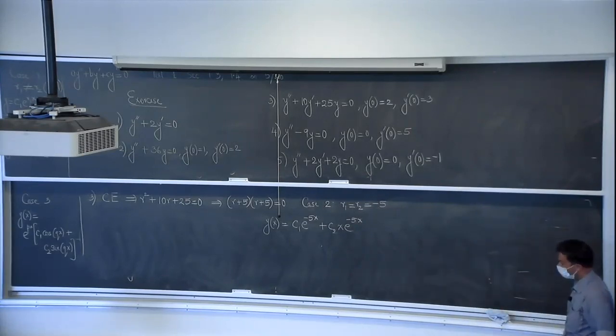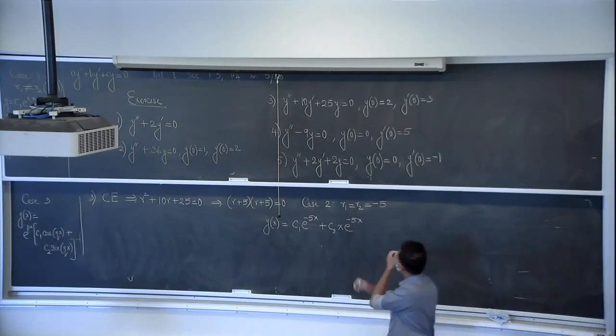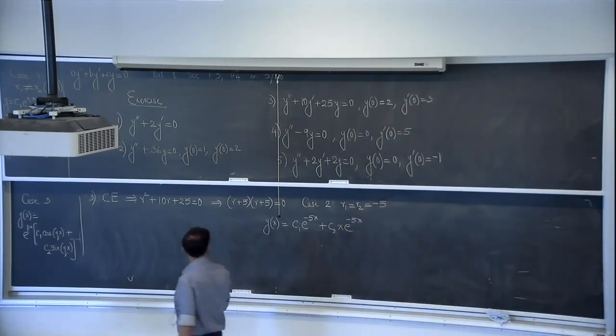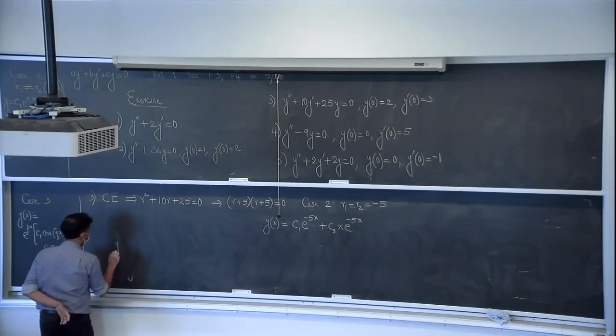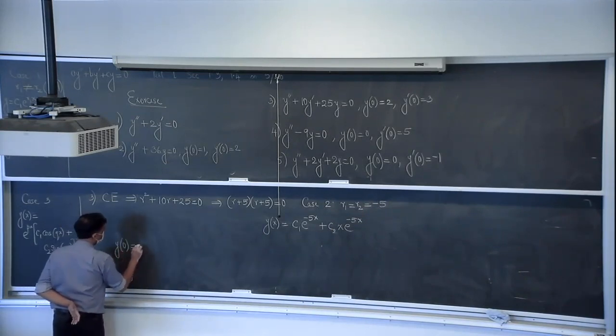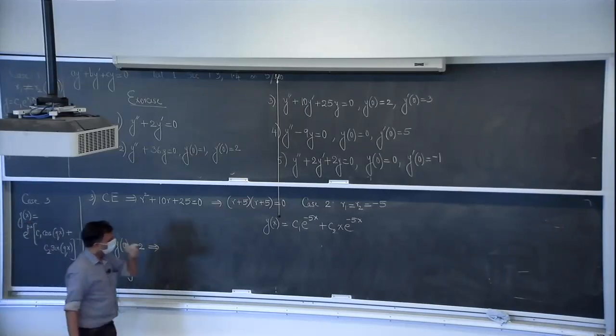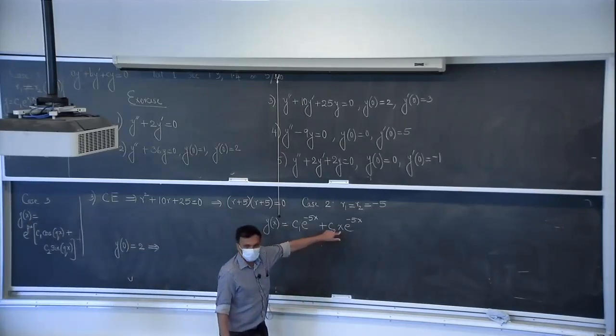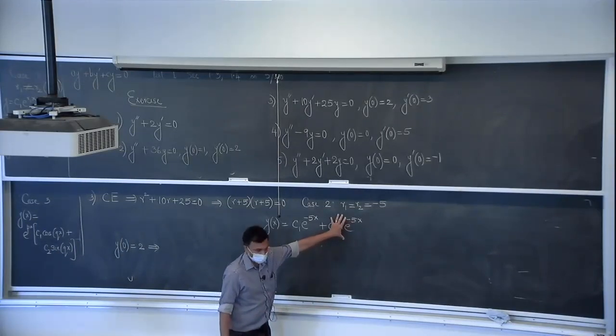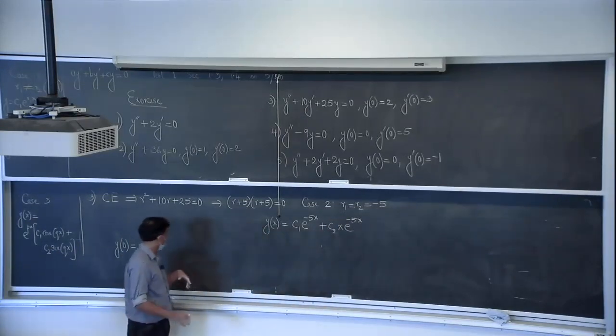That's the general solution. Now we need to find C1 and C2. So we're given y of 0 equal to 2. Now there is an x here, that is a convenient one. If you plug in 0 here, that whole thing will disappear. Okay, so you get C1 equal to 2.